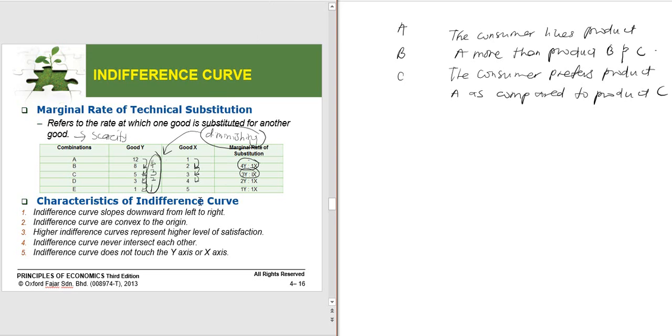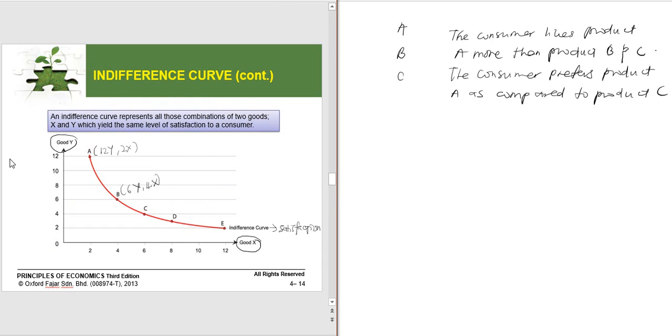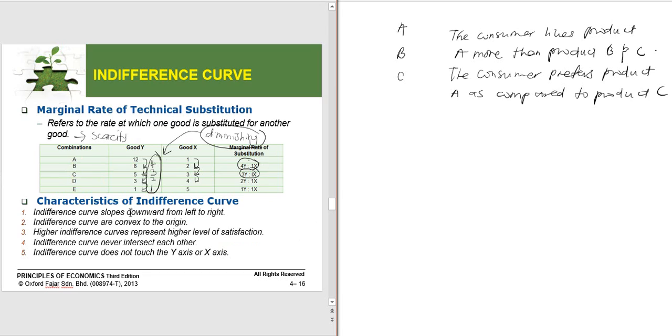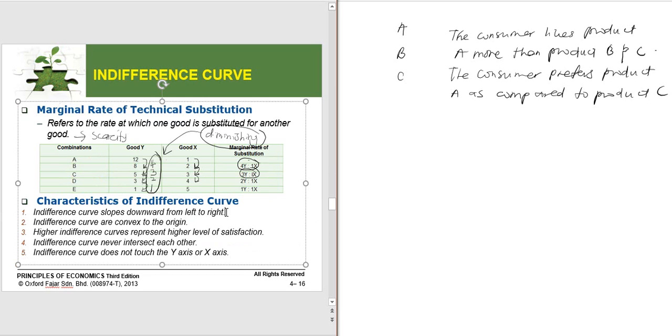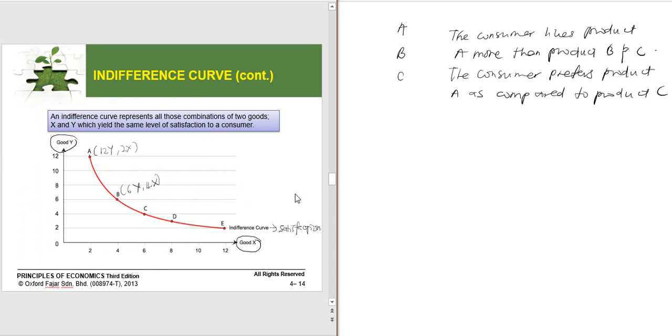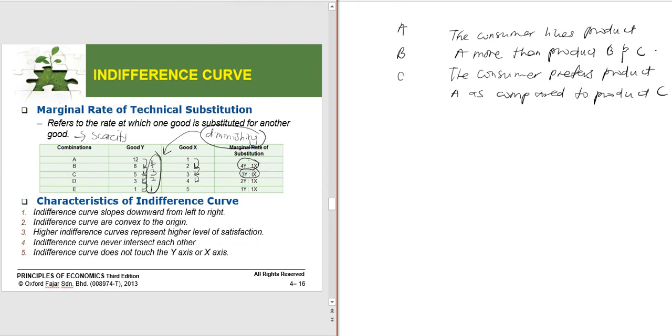Now we want to look at the characteristics of the indifference curve that I have explained just now. First, the indifference curve slopes downward from left to right. When the curve is downward sloping, it has a negative relationship between good X and good Y because of the marginal rate of substitution just now.